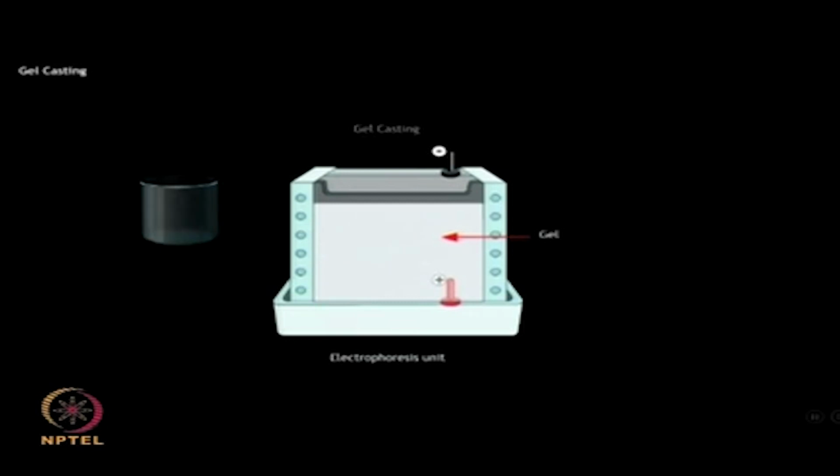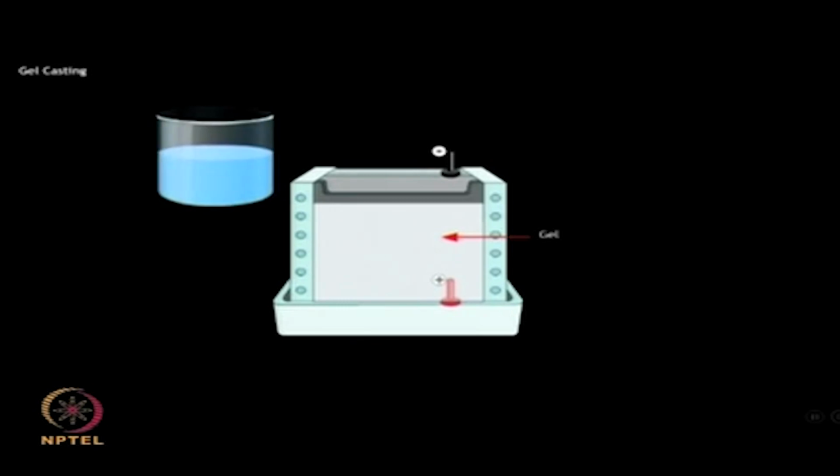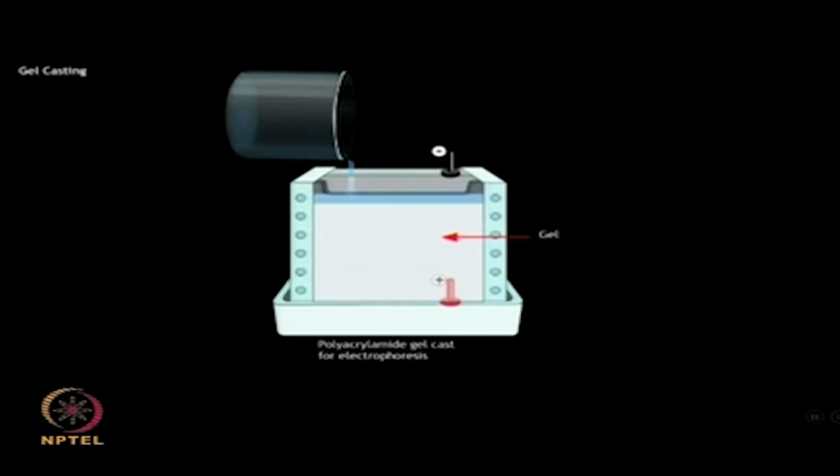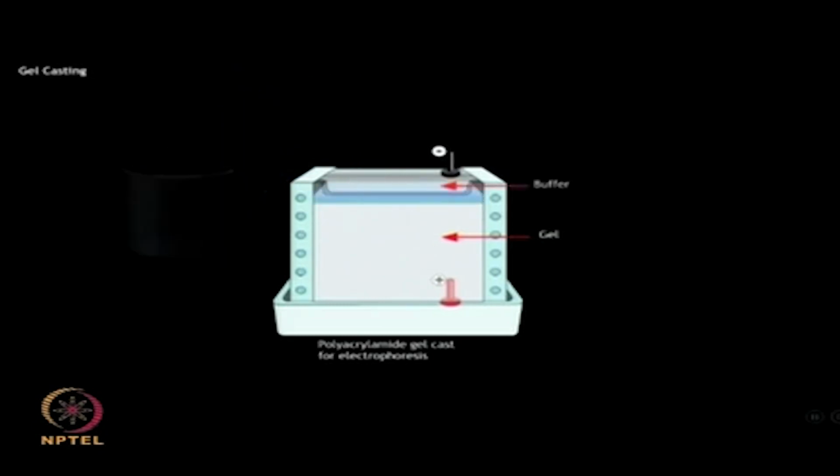The gel is prepared by free radical induced polymerization of acrylamide and bisacrylamide in a suitable buffer. Ammonium persulfate and TEMED are added to facilitate the generation of free radicals and cross linking. The molecular dimensions of the pores can be controlled by varying the amount of N,N'-methylene bisacrylamide.